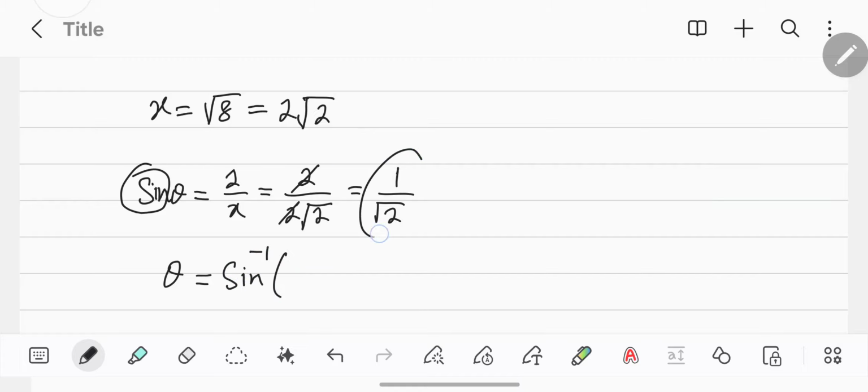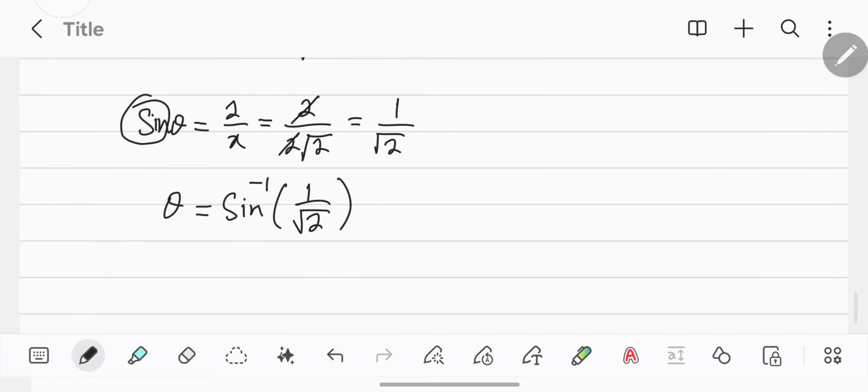So sine inverse of this number 1 by square root 2. So if I use my calculator, it will give me the angle of 45 degrees or pi by 4. Pi by 4 in radian, and in degrees it is 45.